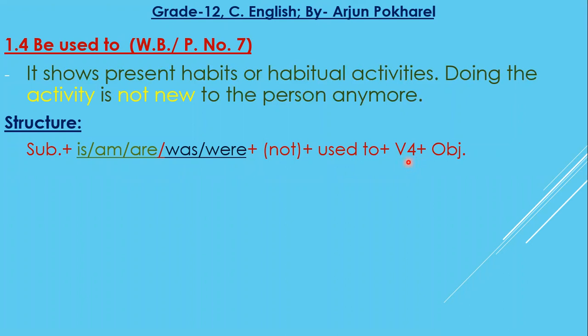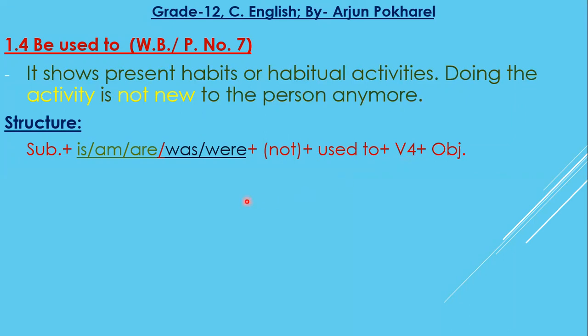In your grade 11, you studied only used to plus V1, that was the past habitual action. We studied about past habits by using used to plus V1 in grade 11. Now you have be used to plus V-ing plus object.